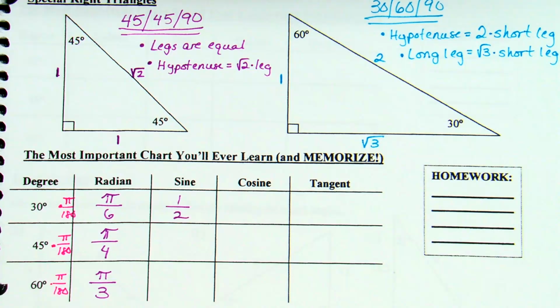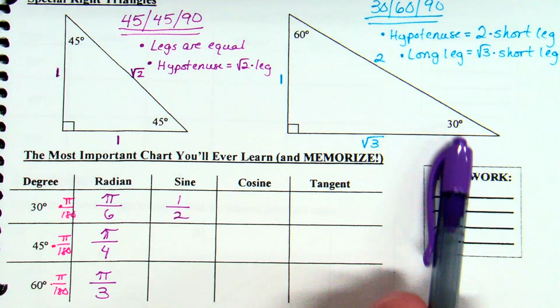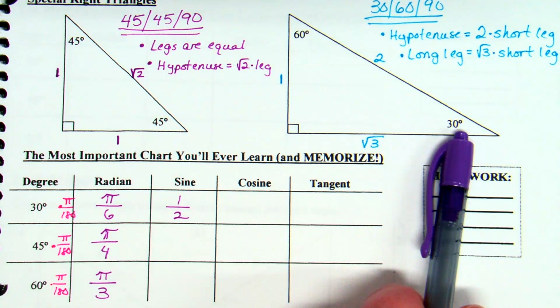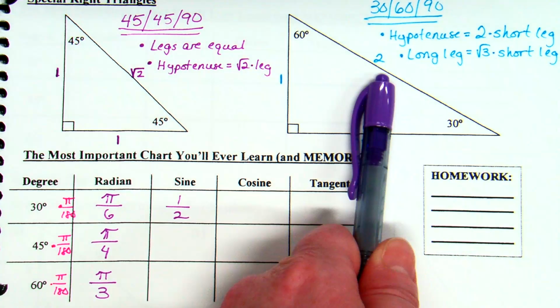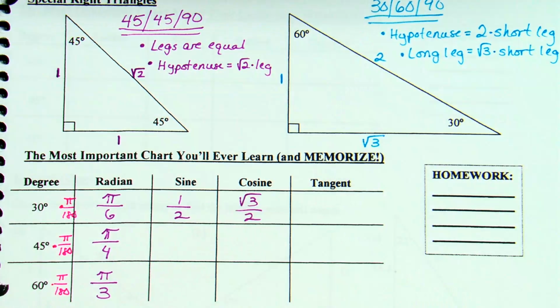Let's go ahead and continue along on 30 degrees. Cosine of 30 degrees. What's cosine of 30 degrees? Square root of 3 over 2 because it's adjacent over hypotenuse. And tangent. What would you say for tangent?